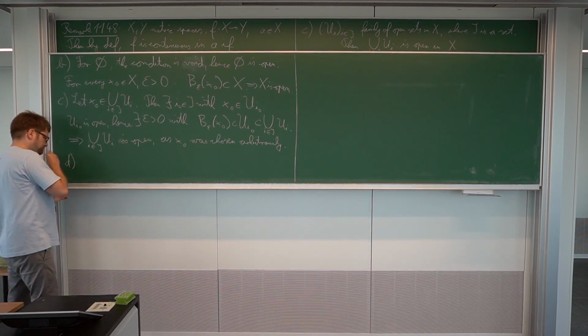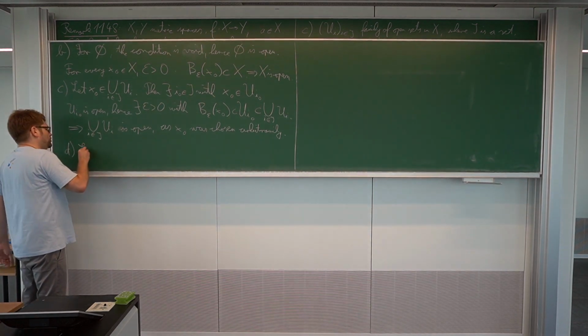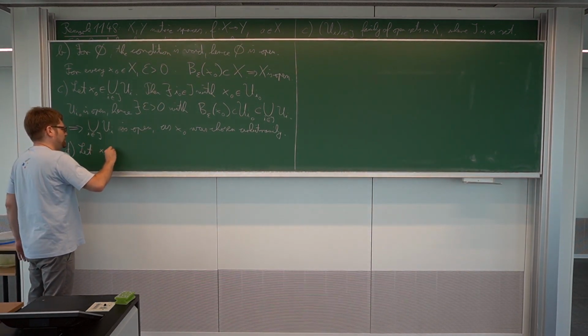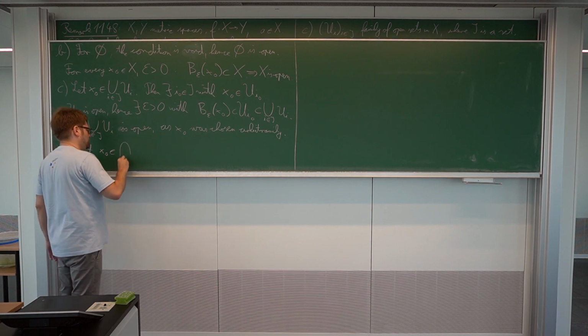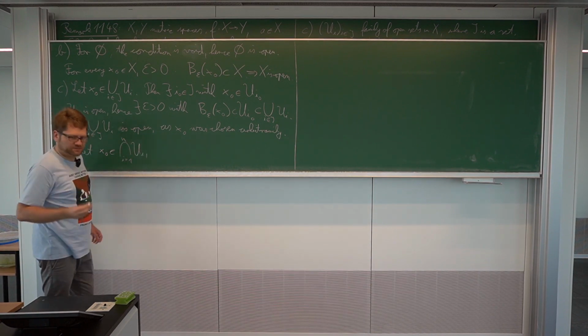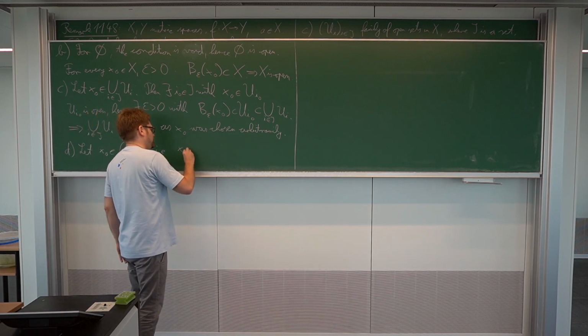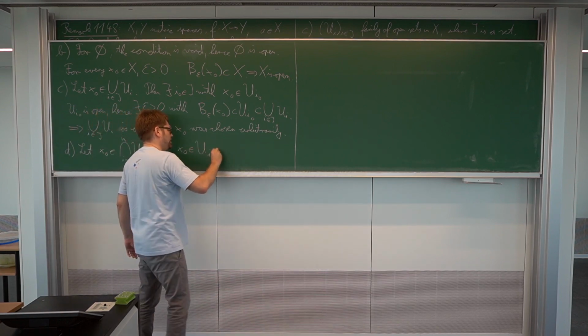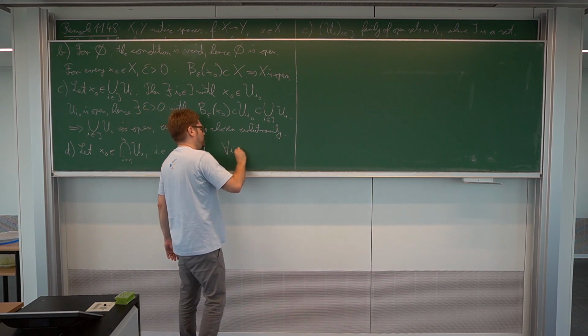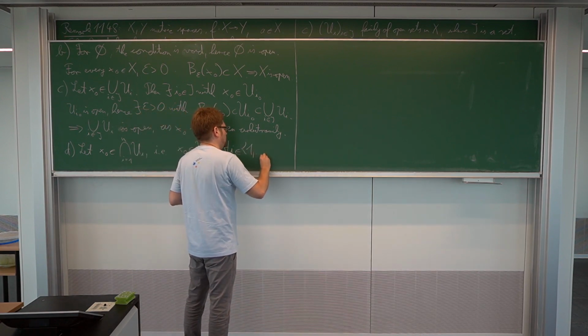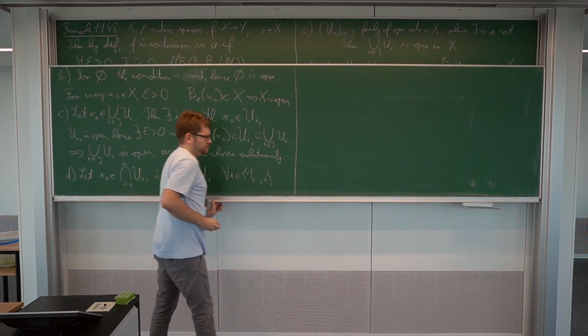Part D, so take a point in this finite intersection, x0 in the intersection of the ui. This particularly means, if we rephrase the intersection differently, x0 is contained in ui for all i between 1 and n.